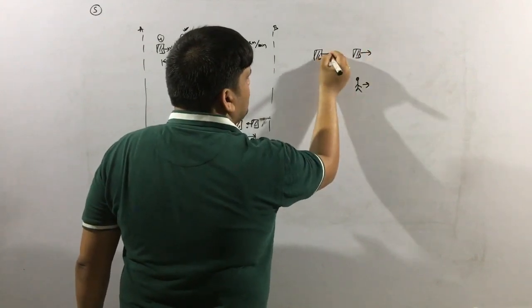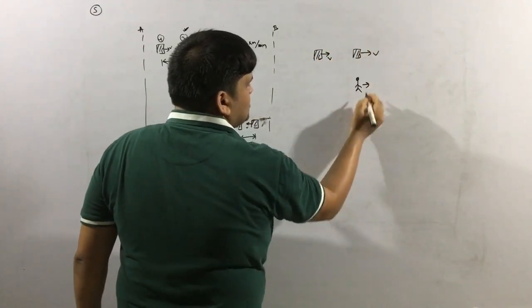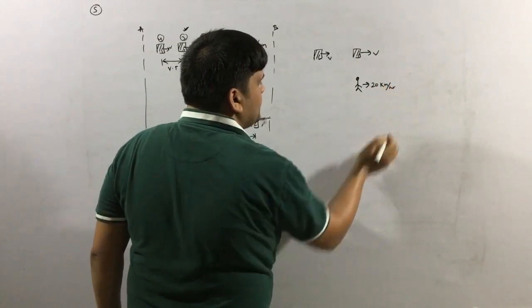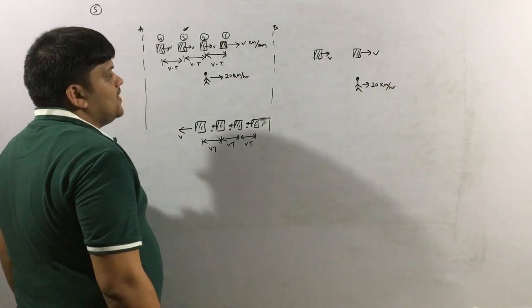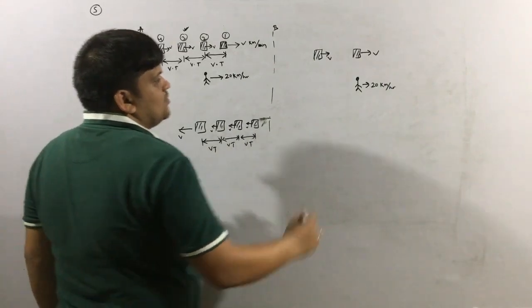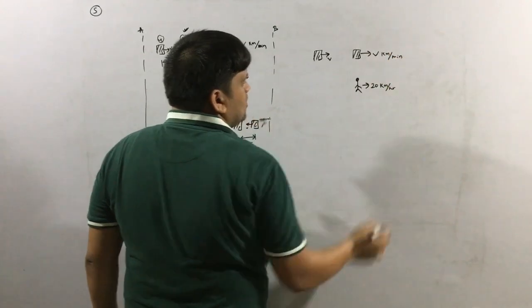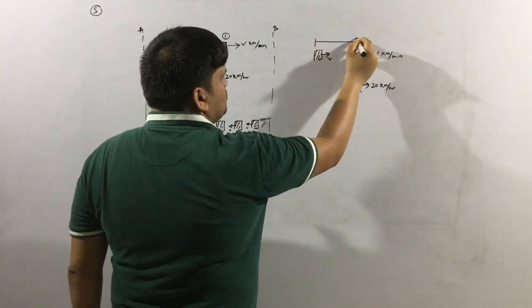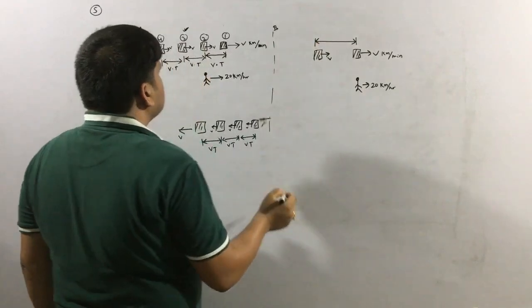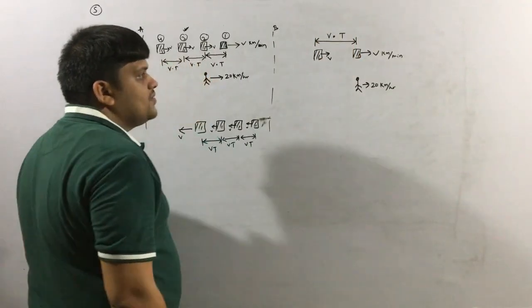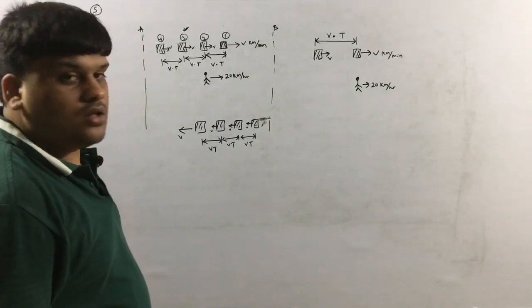The buses are moving with a velocity of v, the cyclist is moving with a velocity of 20 km per hour, and the buses move with v km per minute. The distance between these two is V into T, where T is given in minutes.